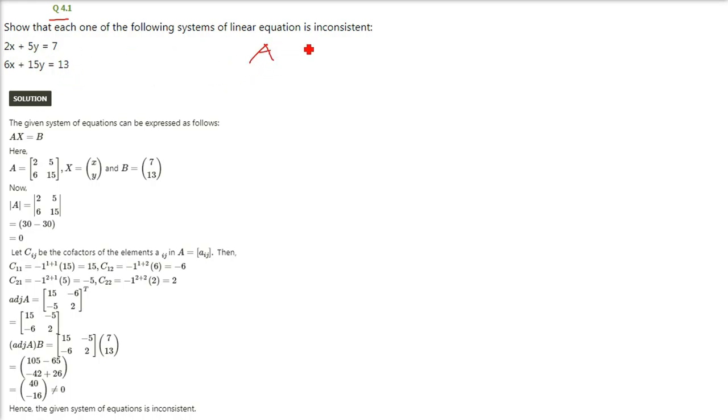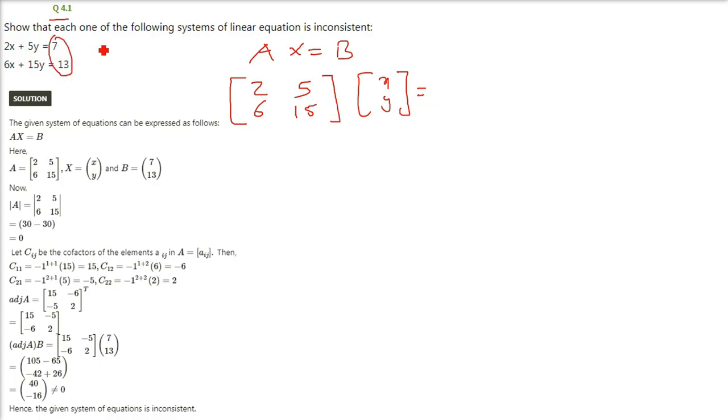So Ax is equal to B. What is A here? The coefficients of x, which are 2, 6, and coefficients of y, which are 5 and 15. This is your A. x is [x, y]. What is B here? It's 7 and 13.